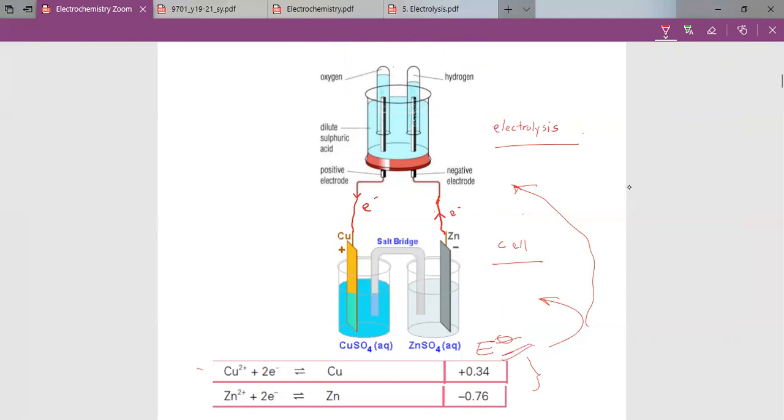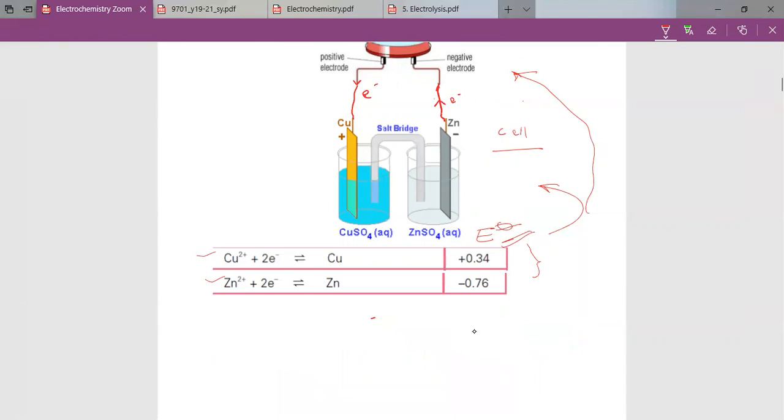We look at the 2 half cells, copper and zinc, and from the E-zero values we determine the poles. Zinc will be negative and copper positive. Secondly, we determine the flow of electrons.